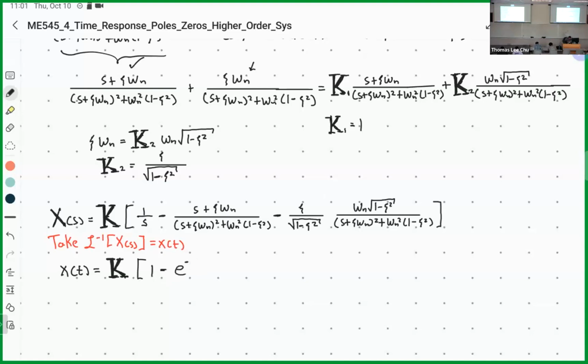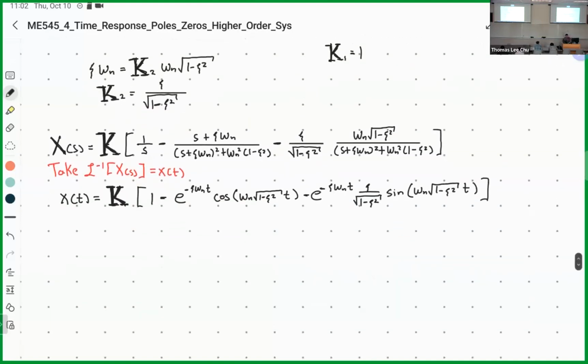e to the minus zeta omega n t, because that's the frequency shift theorem, multiplied by cosine of omega n times the square root of 1 minus zeta squared t, minus e to the minus zeta omega n t, multiplied by zeta divided by the square root of 1 minus zeta squared, multiplied by sine of omega n times the square root of 1 minus zeta squared t.